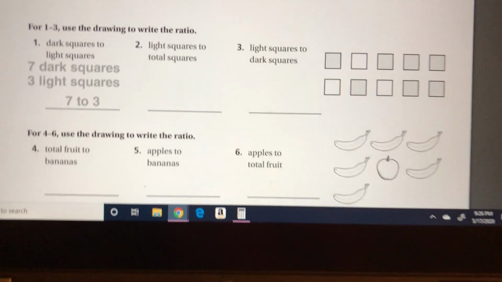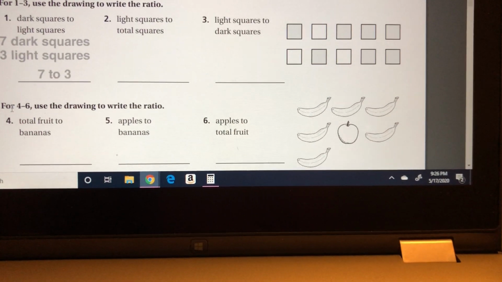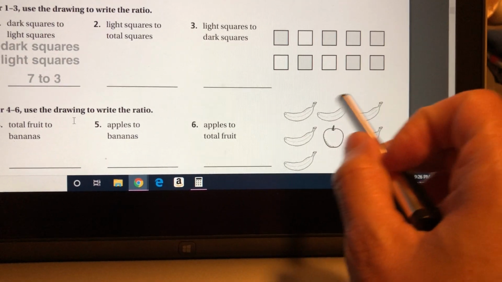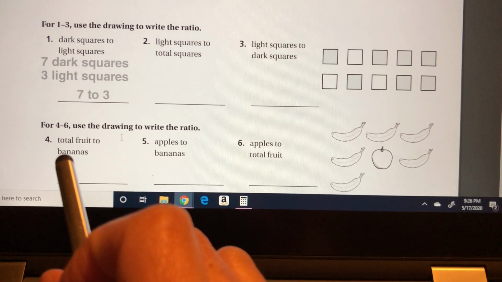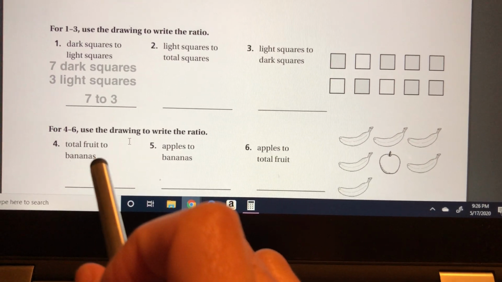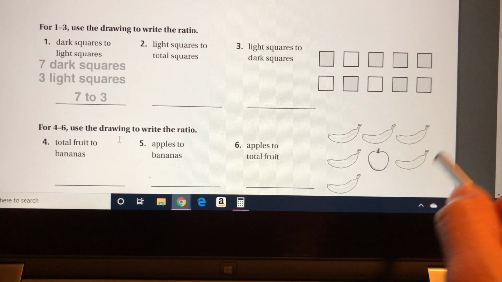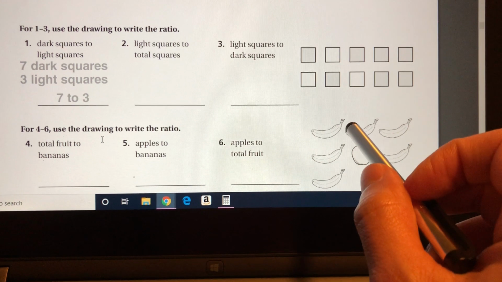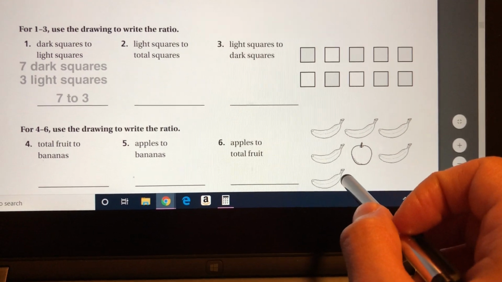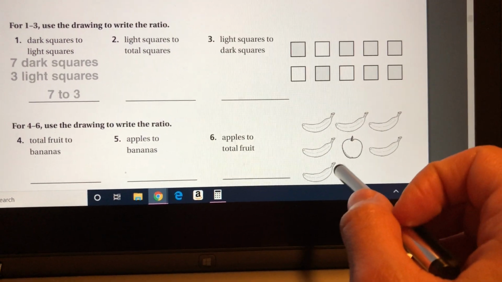Now down here, for numbers 4 through 6, they want us to use the drawing of the diagram here for these 3 questions, okay? So total fruit to bananas. So total fruit means I'm going to count all the fruits and then do the bananas, okay? So there are 7 fruits in total.